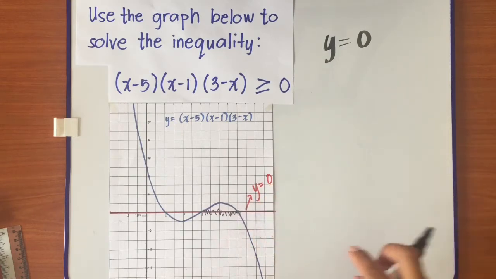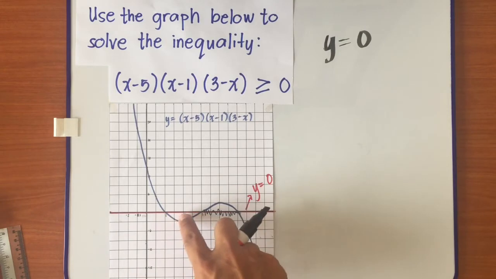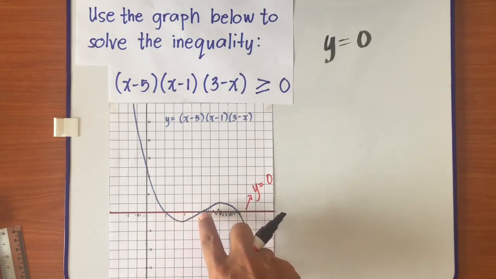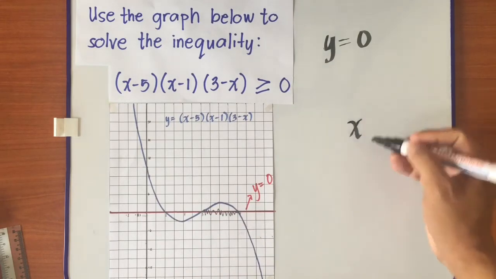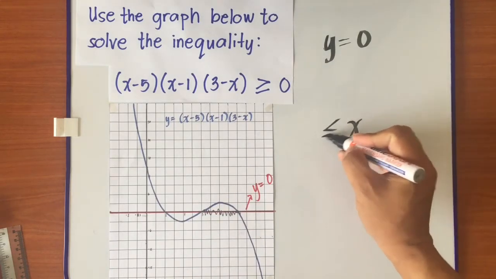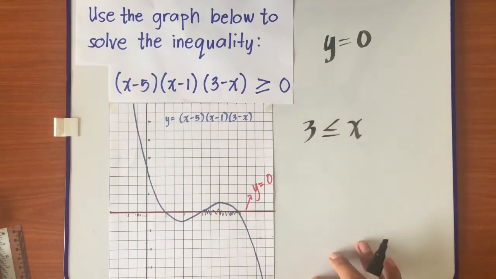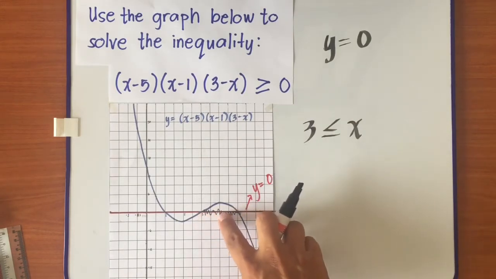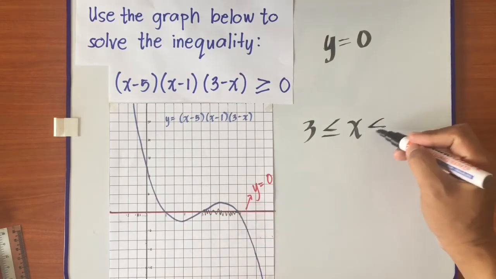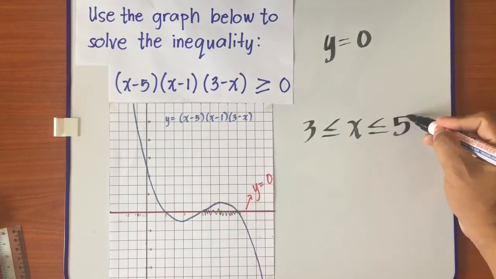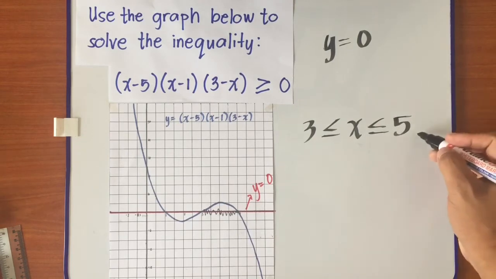Okay, what are those? This is 1, 2, 3. So from 3, so x is greater than or equal to 3. Then this is 4, this is 5. So it means it ends at 5, so it means it's less than or equal to 5. That's one of the answers.